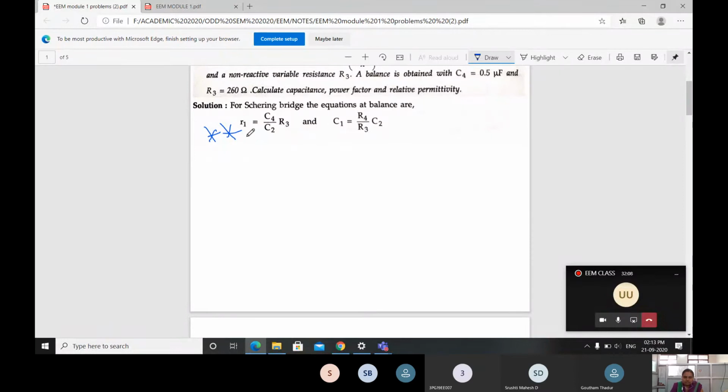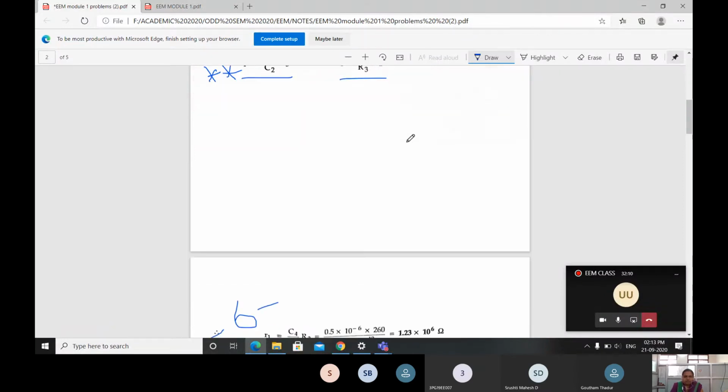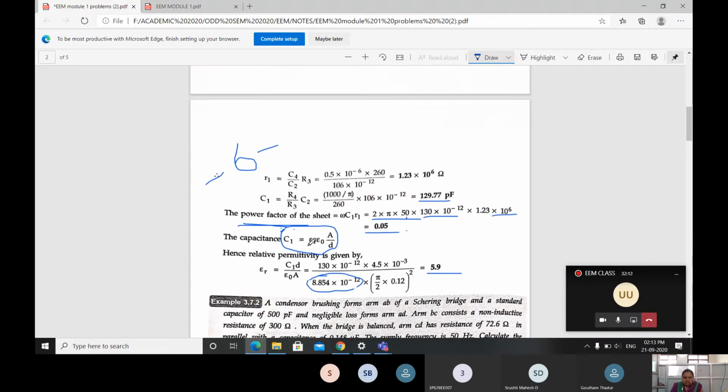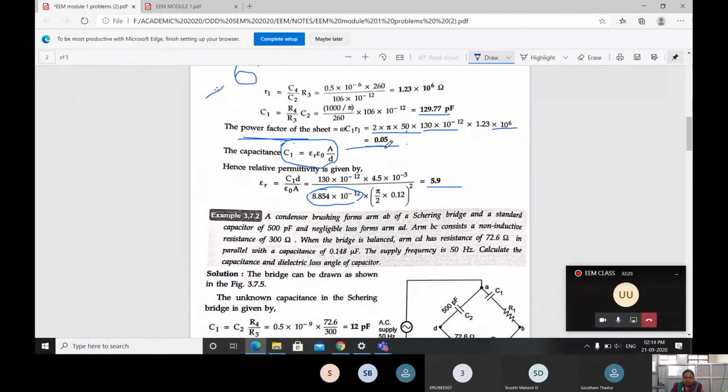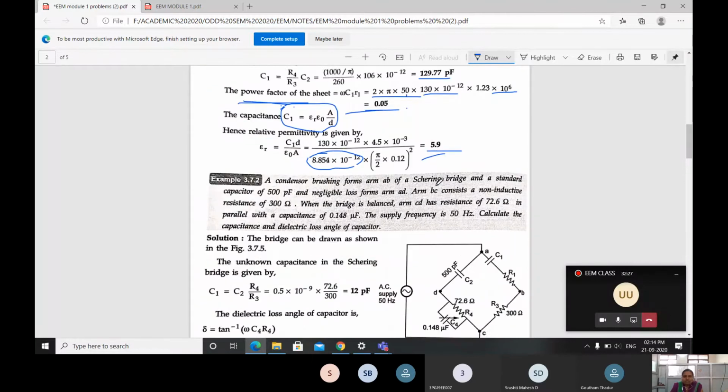Just remember how to take the balanced equation, then how to take your power factor, and this is the general equation for the capacitance, that is epsilon naught epsilon r A by D. That is the capacitance value. Just remember this and substitute, and you will get your relative permittivity. Okay, next.